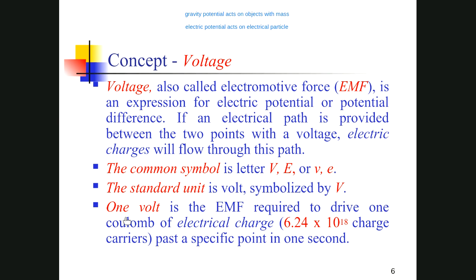Now, what does 1 volt mean? This is another definition. Don't ask me why, this is just an agreement between researchers. 1 volt is the electromotive force required to drive 1 coulomb of electrical charge through a specific point in 1 second. 1 coulomb going through 1 point in 1 second is 1 ampere of current.